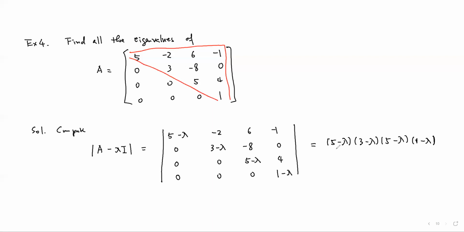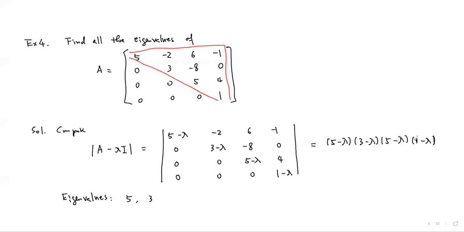Eigenvalues are the roots of this polynomial. From this polynomial, I can tell the roots. What numbers make the polynomial 0? The eigenvalues. 5. Plug in 5 here, then the product is 0. Number 3.